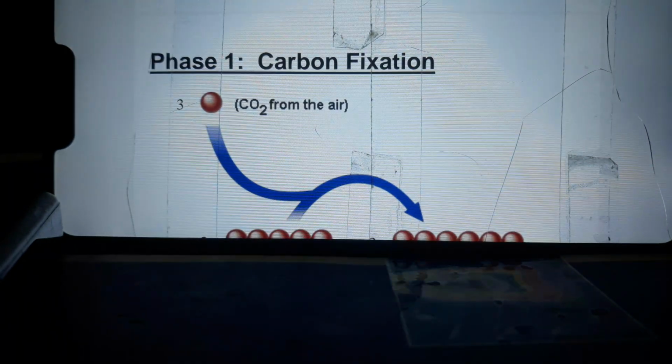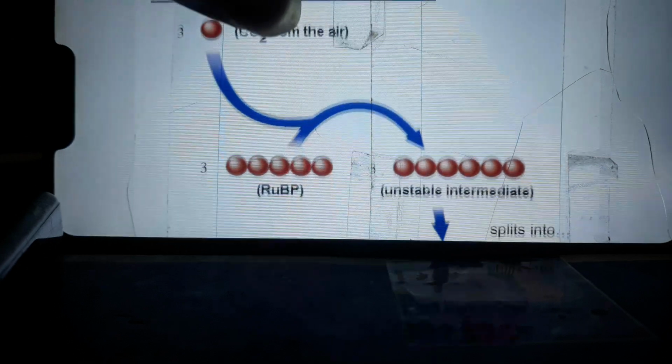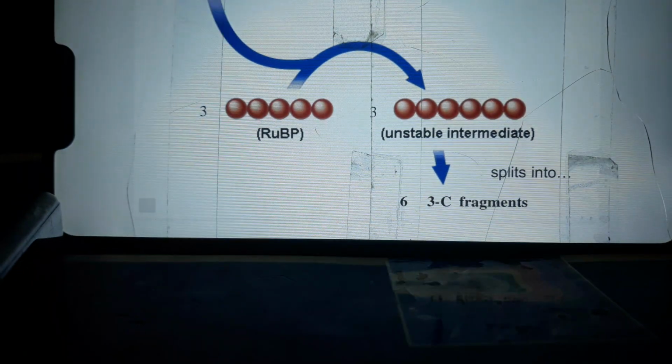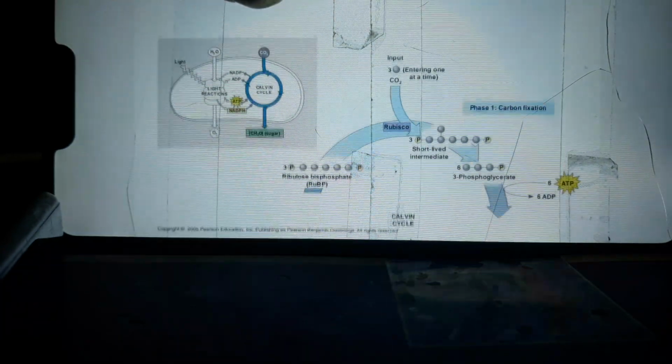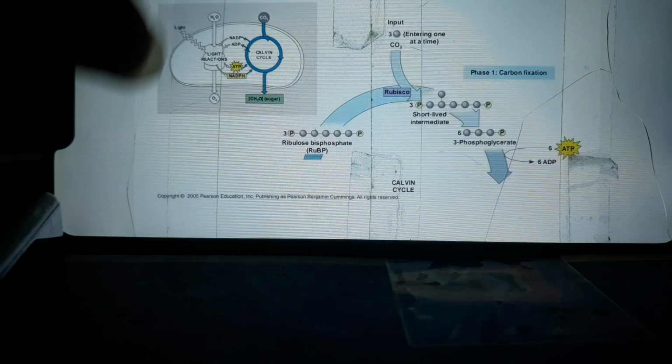Phase 1 carbon fixation, that's carbon from the air, with RuBP, goes to an unstable intermediate stage and splits into 3 carbon fragments, right?